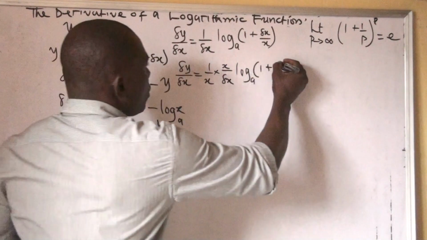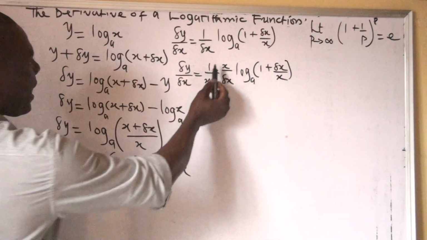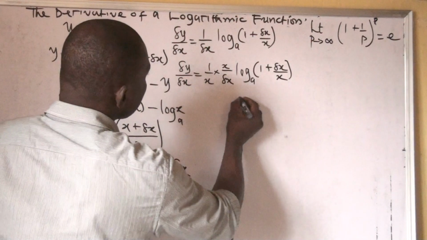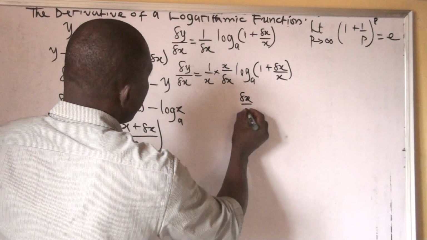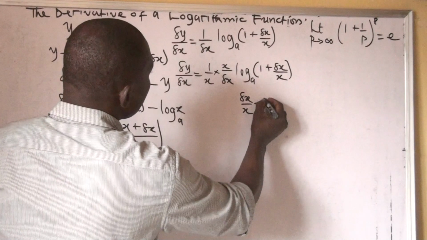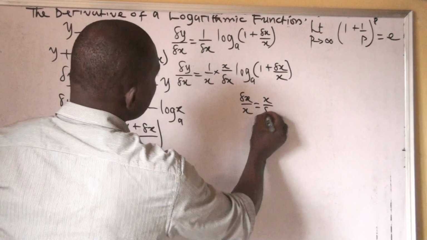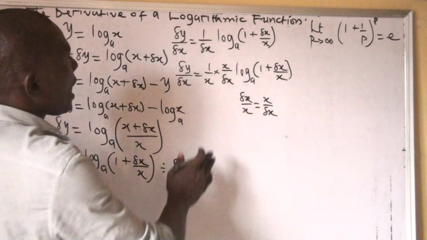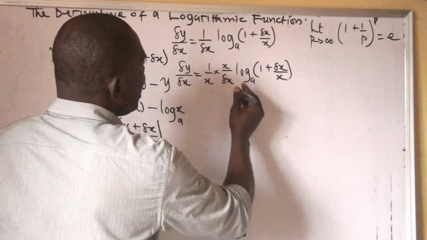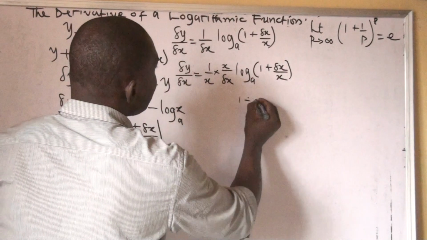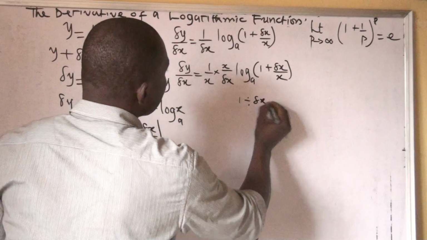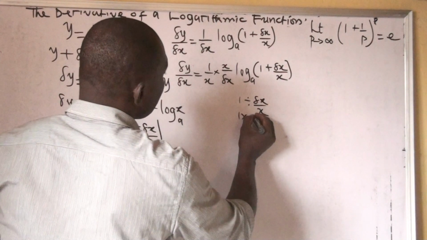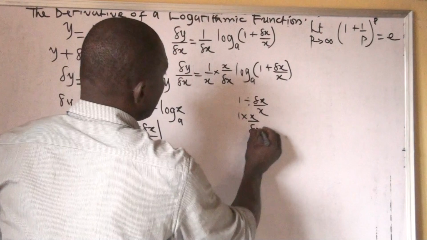Here we have x over delta x, but we want delta x over x to become x over delta x, so that it is of this form. How do we do that? If we say 1 divided by delta x over x, it becomes 1 times x over delta x.